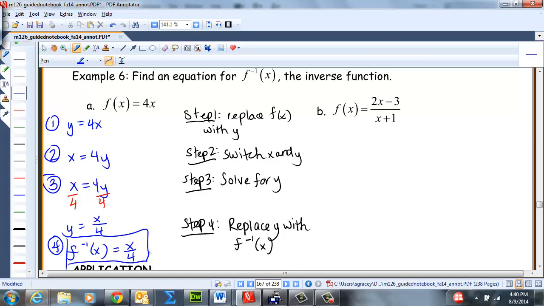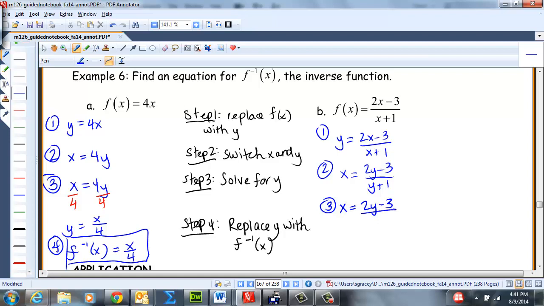Now the next one is a wee bit harder. So the step 1, replace f at x with y. And then switch the x's and y's. So, solving for y.